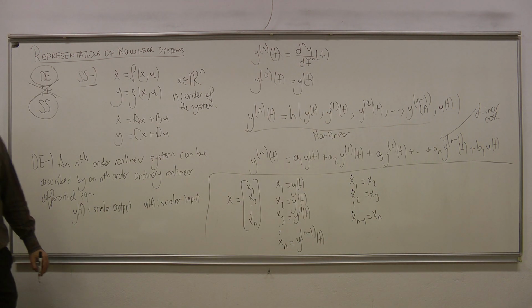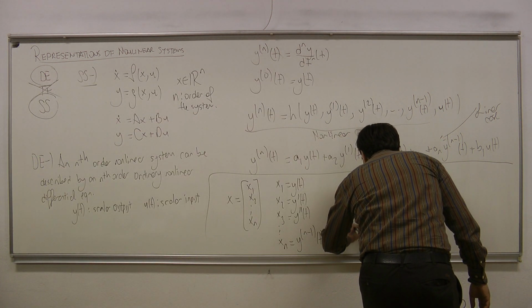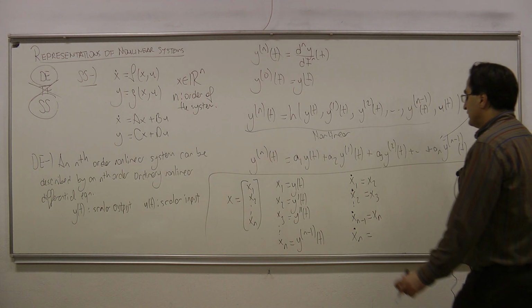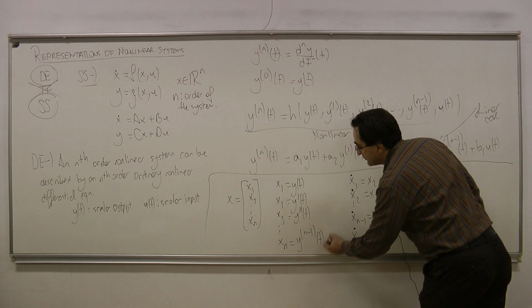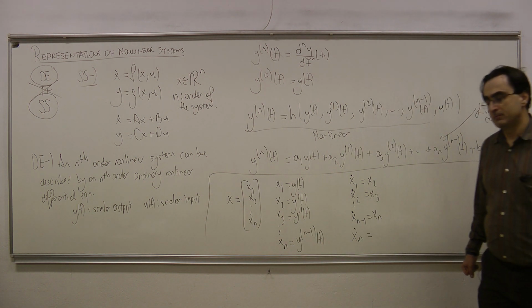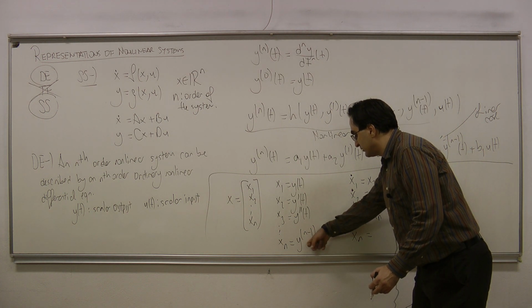What about the last equation? xn dot is equal to, in this case, the derivative of the n minus first order derivative of y with respect to t. And therefore, this is going to be the nth order derivative of y, which is this thing.